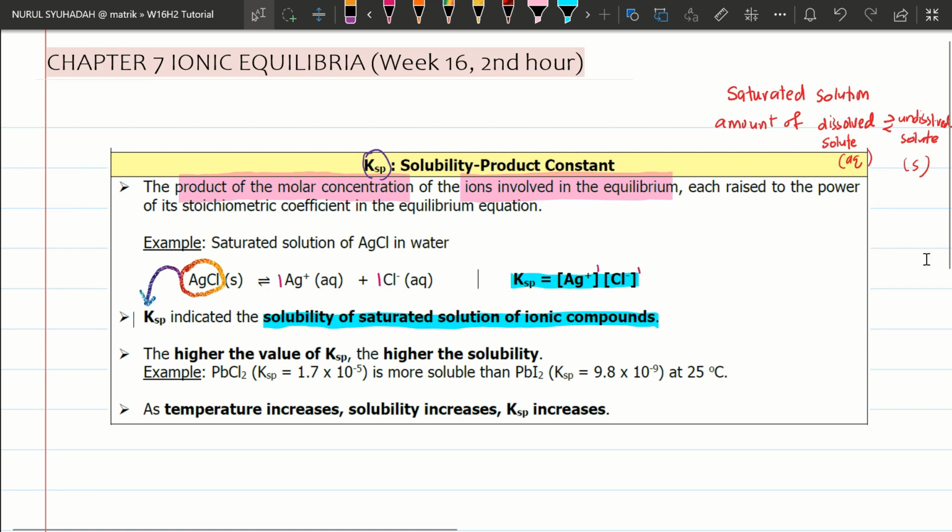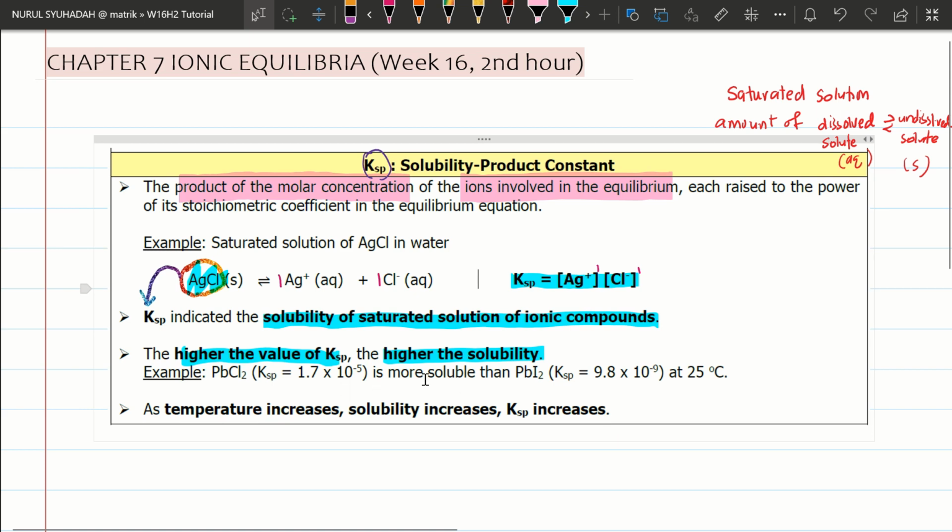Okay, and then how do we interpret the value of KSP? The higher the value of KSP, meaning the higher the solubility. Value KSP lagi besar maksudnya lagi banyak kita punya slightly dissolved solid ni boleh larut dalam saturated solution. Okay, so for example dekat situ, for PbCl2, the value of KSP is 1.7 times 10 to the power of negative 5.